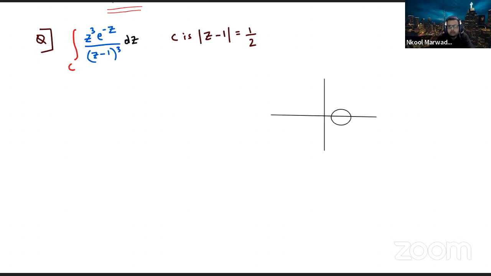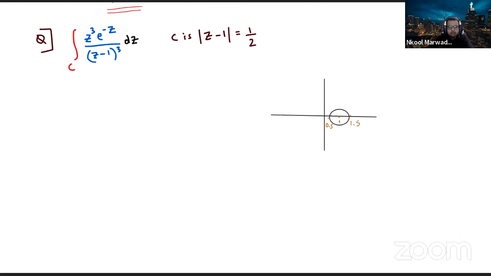Radius is half. So center is 1, so it is 1.5 and it is 0.5. So from 0.5 to 1.5, the region of the circle is defined, and accordingly we can analyze it.